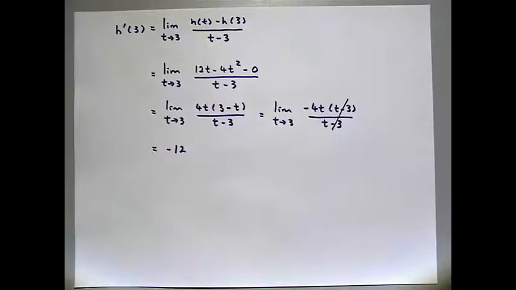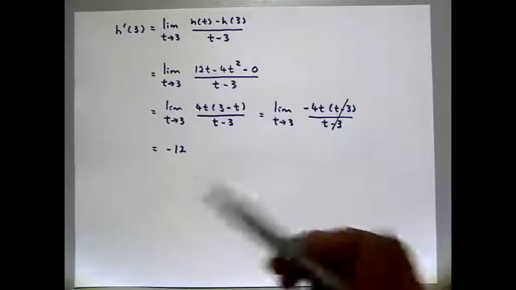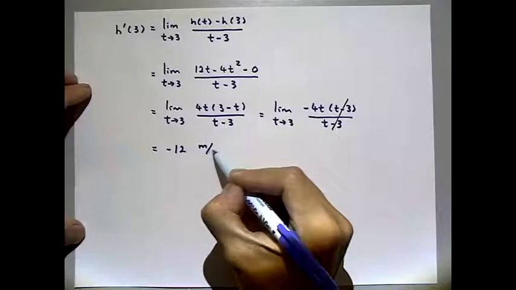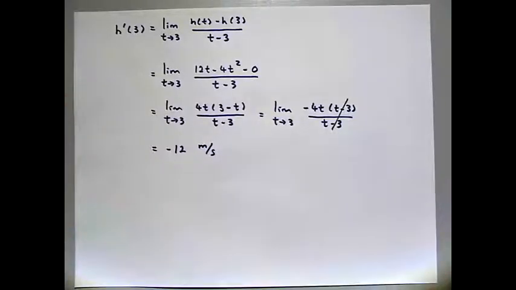What would the units be? What unit are we using to measure the distance, the height? Meters, and time, seconds, right? So meters per second. Why is it negative?